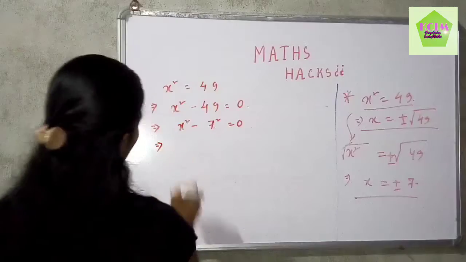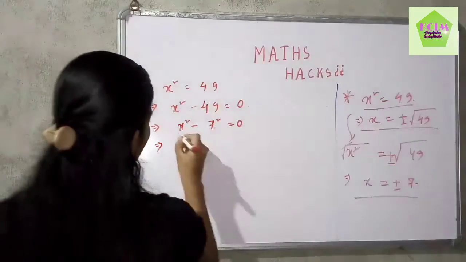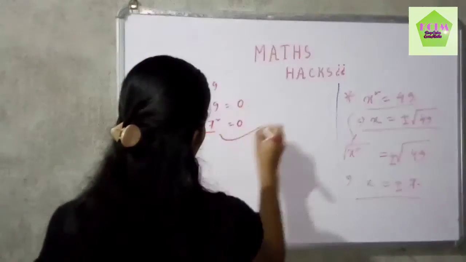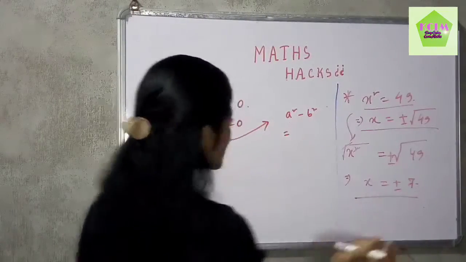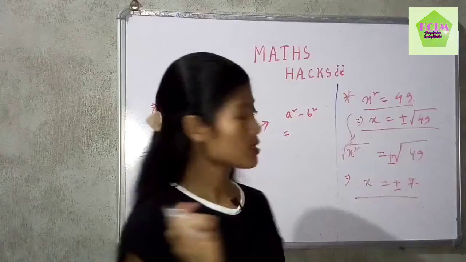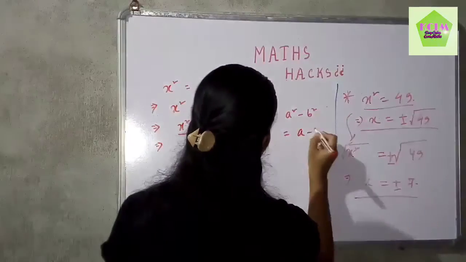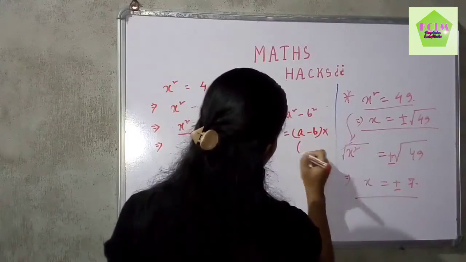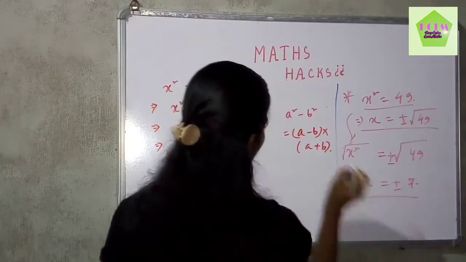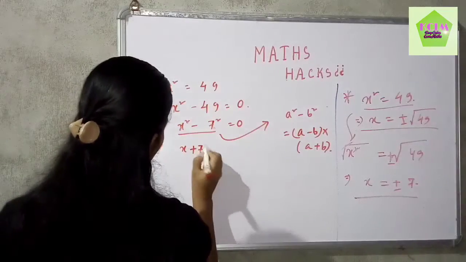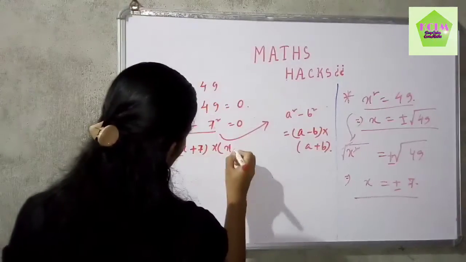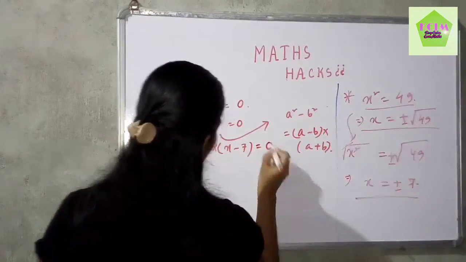So this is like a squared minus b squared, and the result of a squared minus b squared is (a minus b) into (a plus b). Everybody knows it, right? Now here it will become (x plus 7) into (x minus 7) equal to 0.